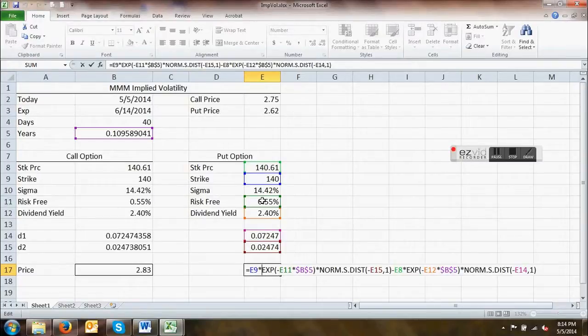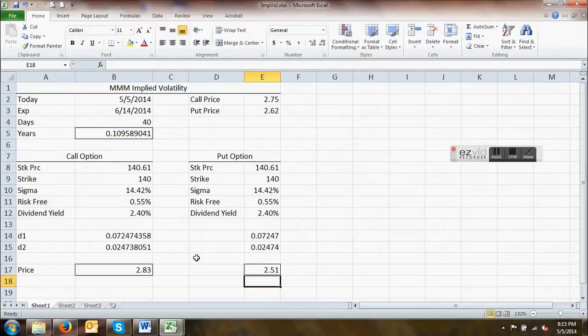We're discounting, this is continuous discounting, based on the risk-free rate, times B5, the amount of time, times NORM.S.DIST of negative E15, which is going to be D2, minus E8, which is the current stock price, discounting that based on the dividend yield, multiplied by the cumulative normal distribution of D1 negative, it's negative E14, comma 1.